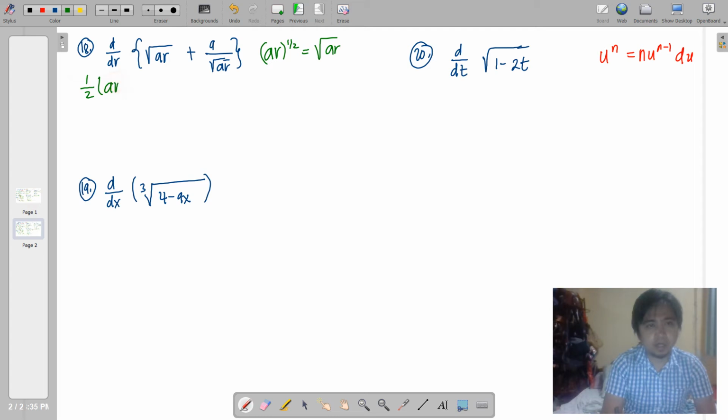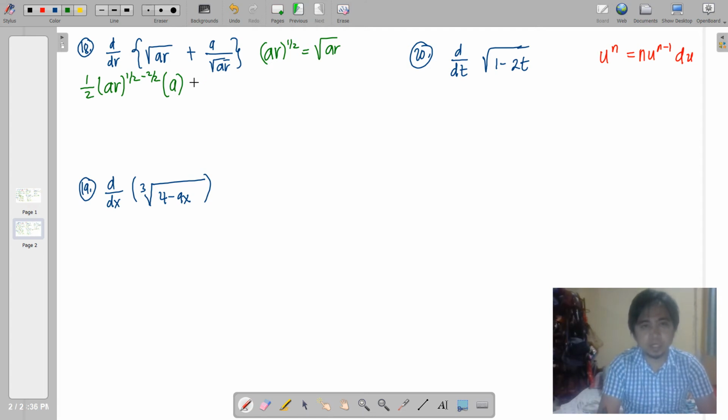Copy yung AR. Dati ng 1/2 yung exponent niya minus 1, 2/2. Okay? Differential, ito yung du. Yung differential lang nasa loob is constant times variable. So, A lang yan. A times dr over dr. Okay, so done with the first term.